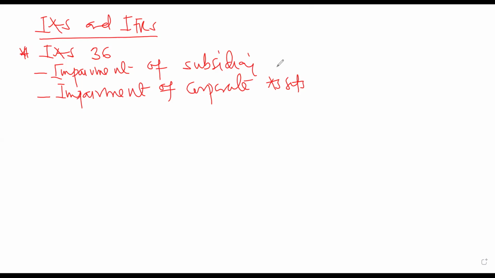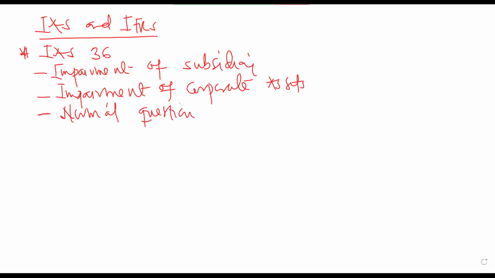How do we determine impairment of that particular asset? That was examined last sitting, the first time. They can also give you a normal impairment question, but it will not be normal. What do I mean by a normal question?